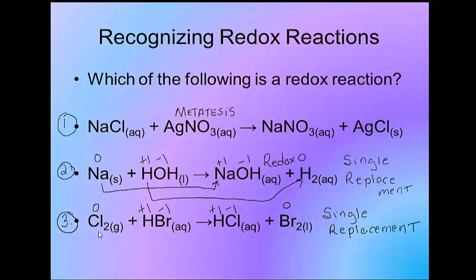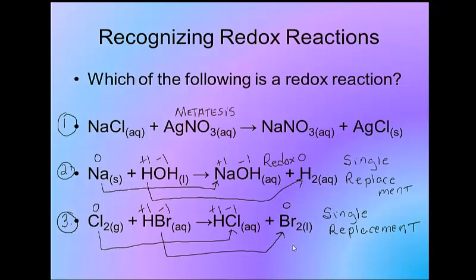Notice that the chlorine went from a 0 oxidation state to a -1, and the bromine went from a -1 to a 0. So again, there was a transfer of electrons. So example number 2 and 3 are redox reactions.